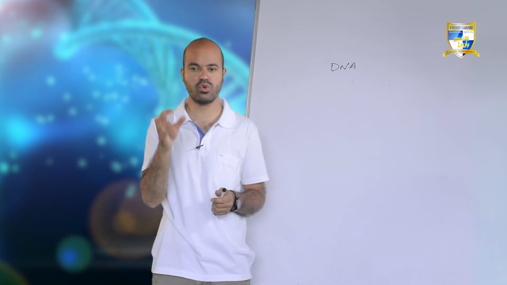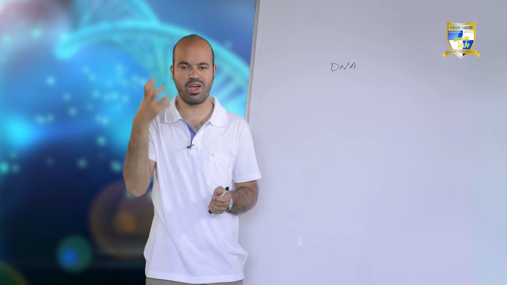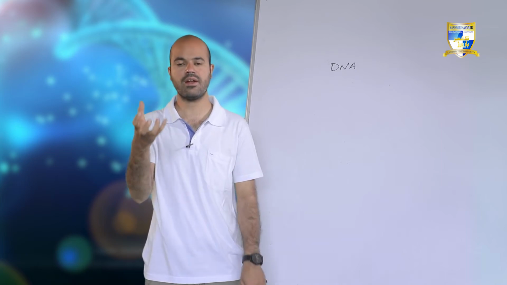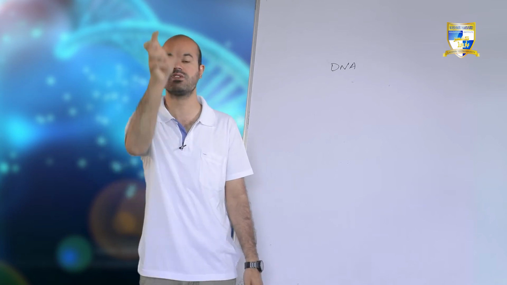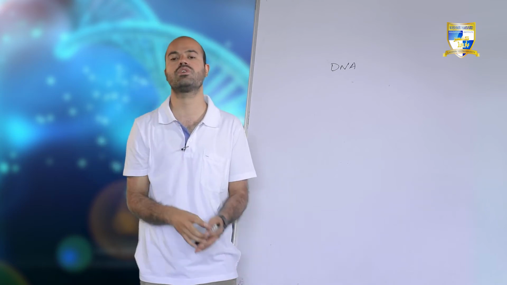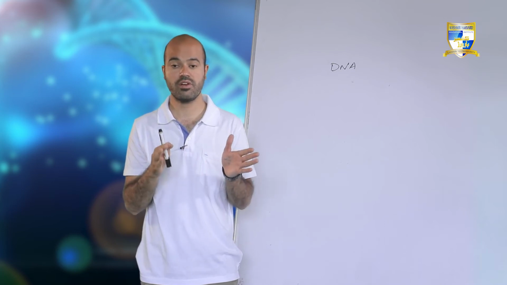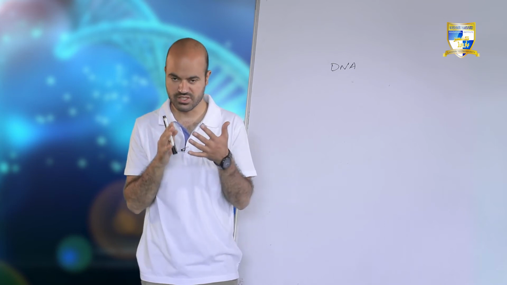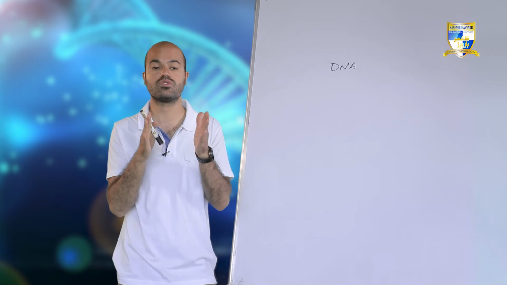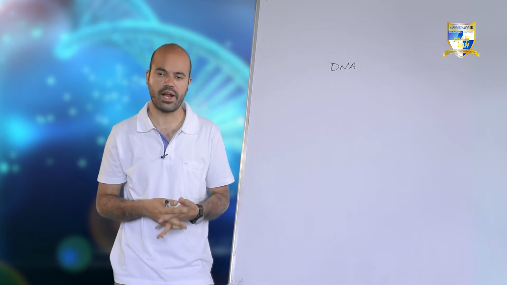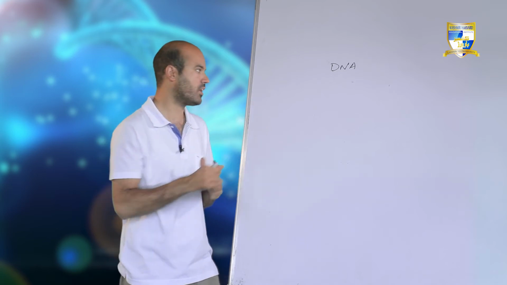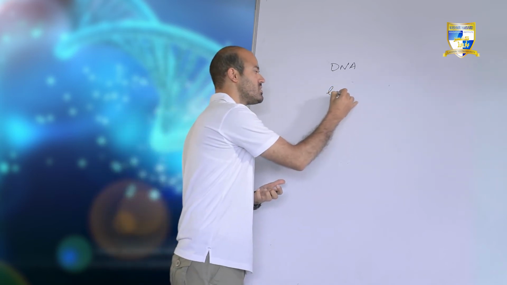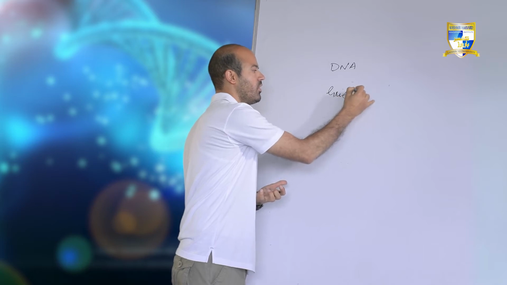Because in a cell we don't have only DNA, we have other molecules as well, and simply extracting just the DNA from the cell is called isolation. After that, there were some experiments performed by scientists, like Griffith.